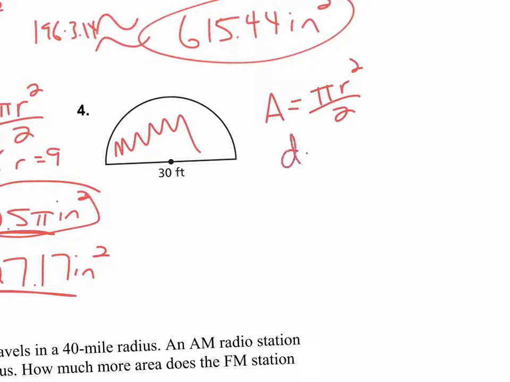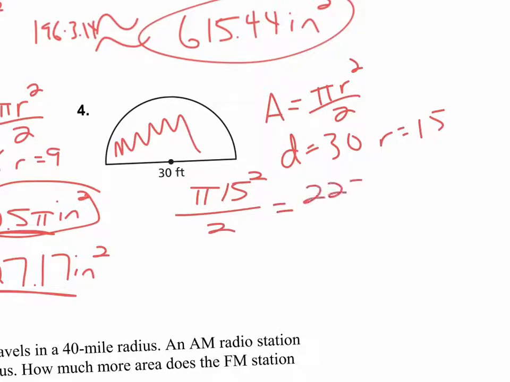My diameter on this is 30, so that makes my radius half that, which is 15. So we plug that in, so pi times radius squared, so 15 squared, divided by 2. This becomes 225 pi over 2. And when you take 225 divided by 2, you get 112.5 pi, and the label would be feet squared.